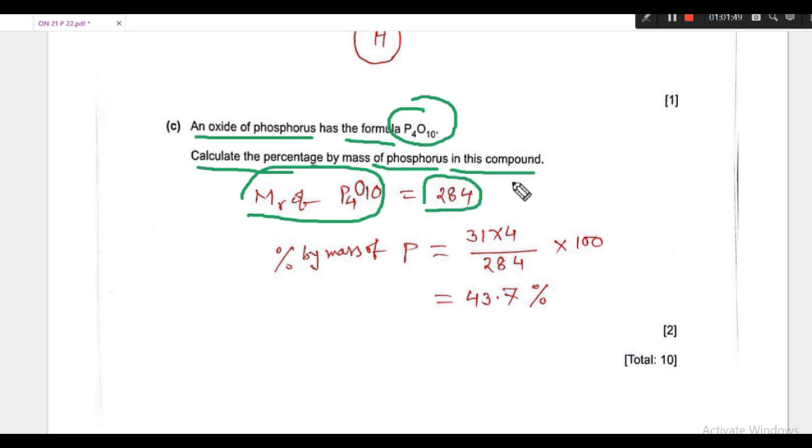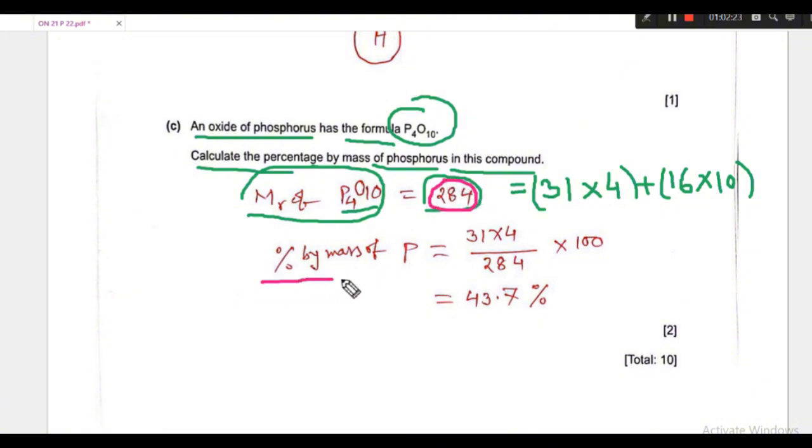How do you get it? Phosphorus relative atomic mass 31 times 4, there are 4 phosphorus, plus oxygen, relative atomic mass 16 times 10. If you add, you will get the relative molecular mass of phosphorus pentoxide, 284.